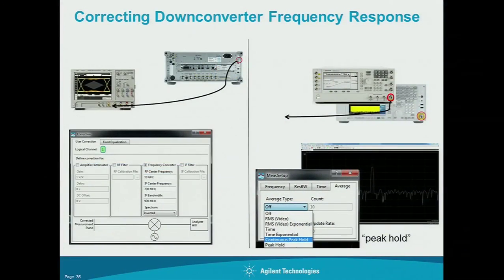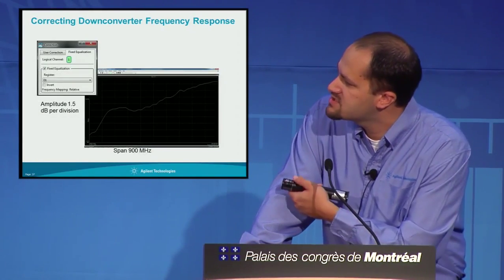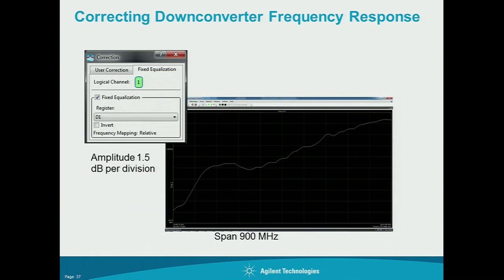So something like EVM becomes fairly difficult to do with the corrections. So here we're setting up a down conversion, as you can see here, and then in the next stage, you take a signal generator, and this is the amplitude correction approach, where you take a signal generator and sweep its amplitude across the band that you're interested in. And then on the next slide, we're going to take the inverse of that correction. You can see there's the correction in 1.5 dB per division over a span of 900 megahertz.